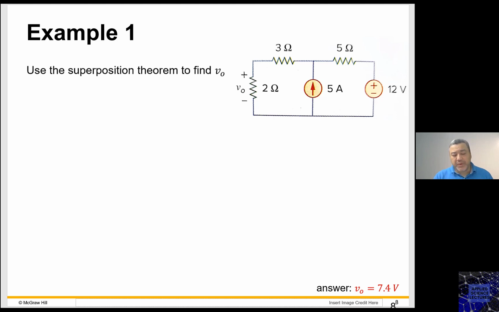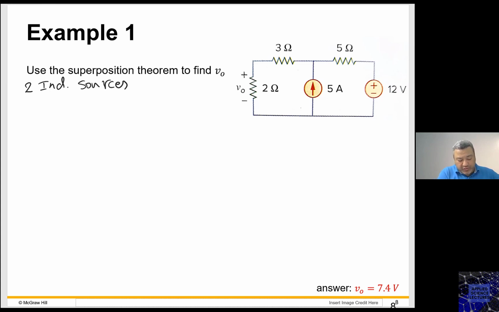So how many independent sources do I have here? I have 2 independent sources, the 5 ampere and the 12 volts, which means I will switch them off and keep one at a time.